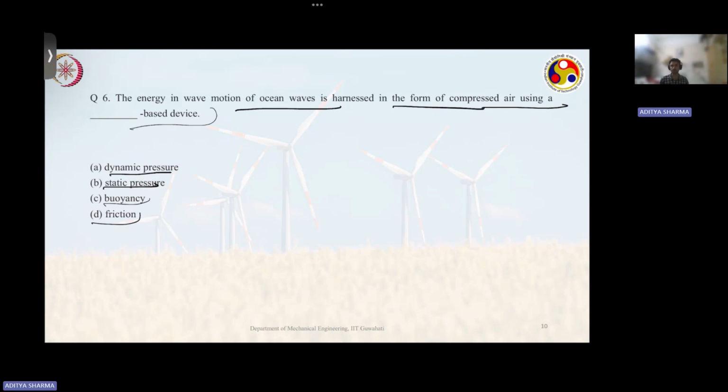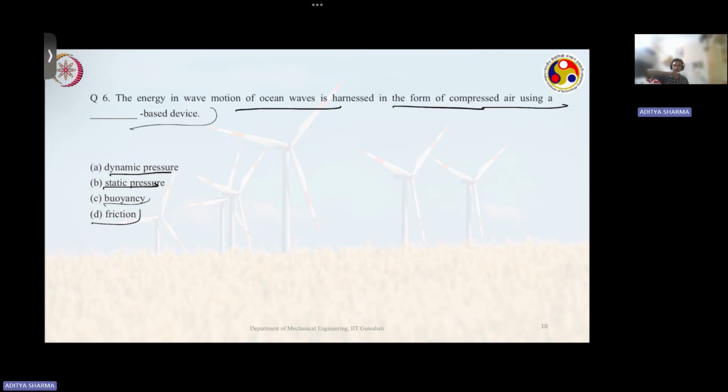In wave motion, when the wave is at crest, you'll have water getting lifted. At trough, it will be at its lowest. So this behavior of the water particles participating in the wave is used to compress your air.